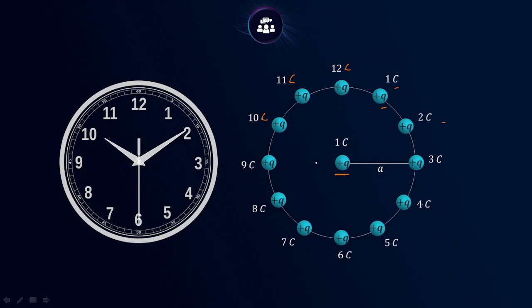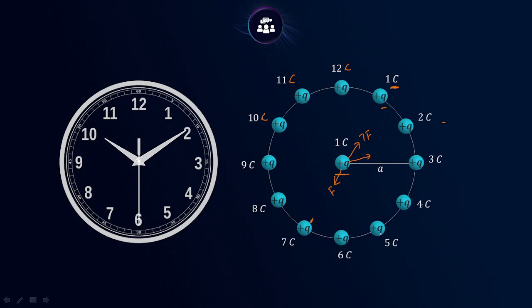So now in this case how to solve the question? It looks a bit complicated, but if you see carefully, if I consider 1 coulomb, here opposite it we have 7 coulomb. So due to 1 coulomb the force will be, let us say, F. Due to 7 coulomb the force will be how much? 7F, right? Similarly due to second and 8, the angle we can divide as 30 degree, right?